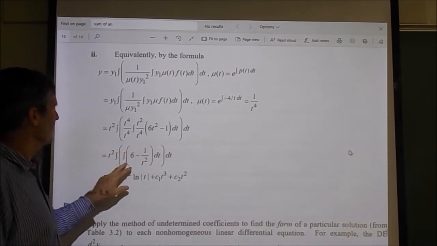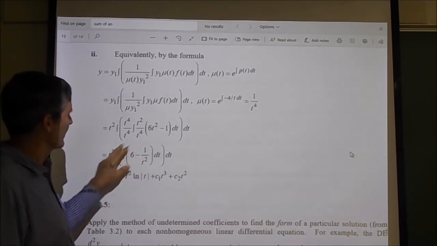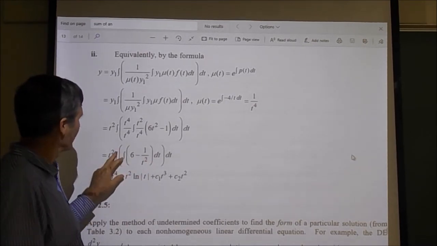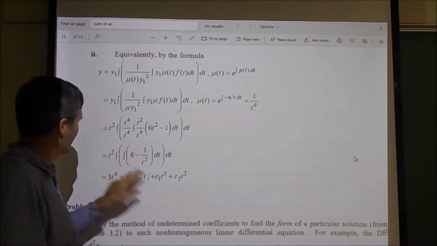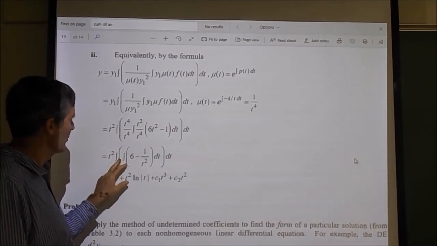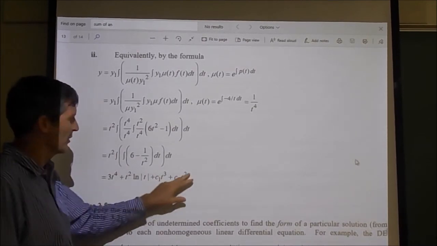If you carry the arbitrary constant out of integration, this one gets you a c1, and when you integrate it again, c1 becomes c1 t, all times t squared gives you this one, and then the integration constant out of this one, c2, multiplied by t squared gives you this one.